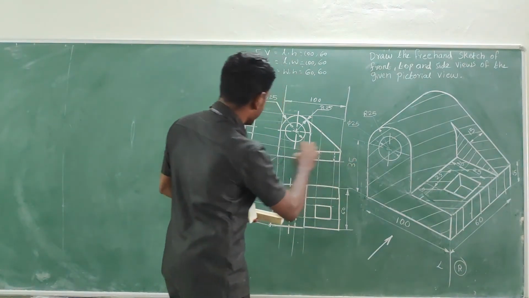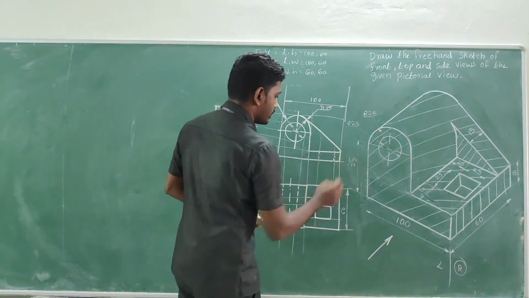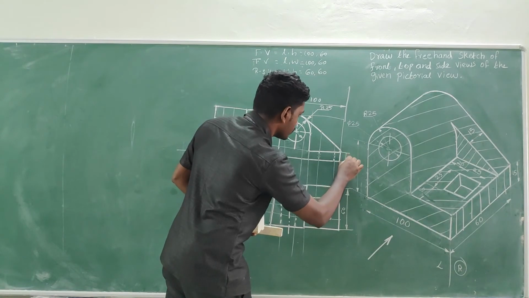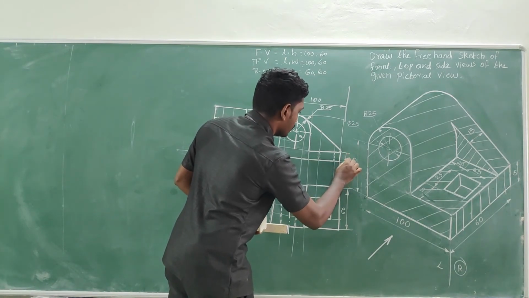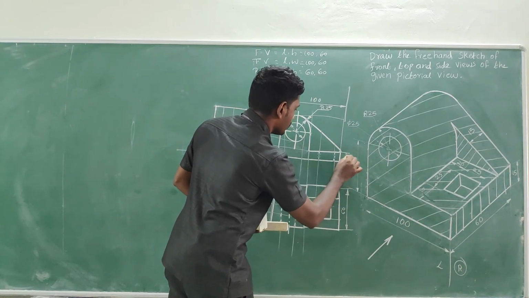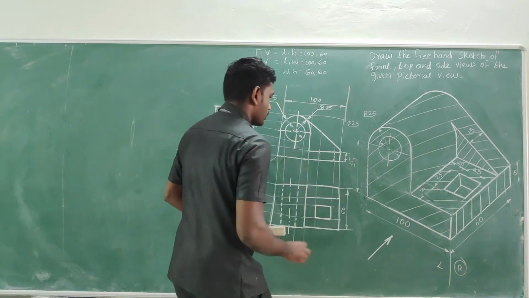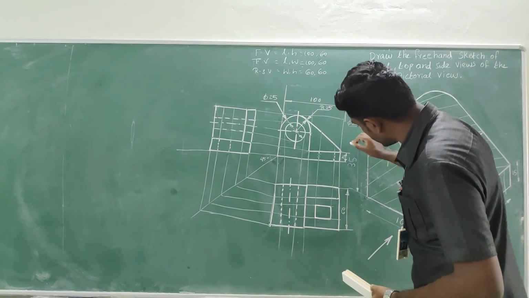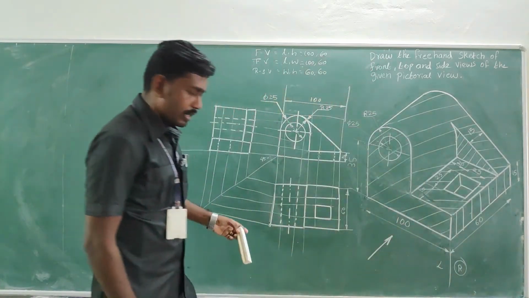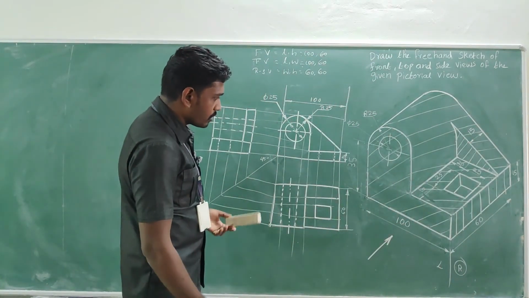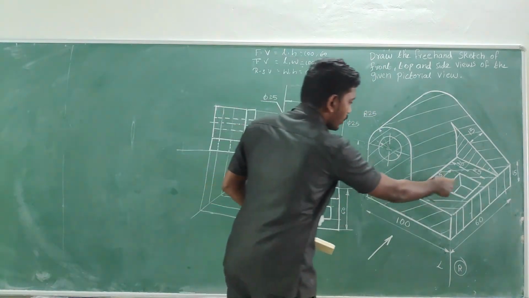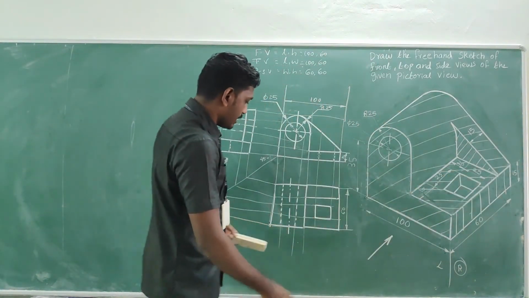Here we can see the thickness of the base. Am I right? The thickness is given as 15. So here we can capture it and write above the line as 15. And then in the top view, some of the measurements regarding the square hole must be done.